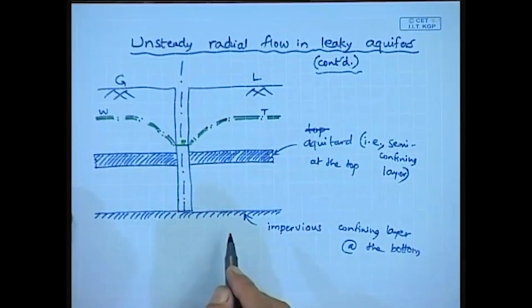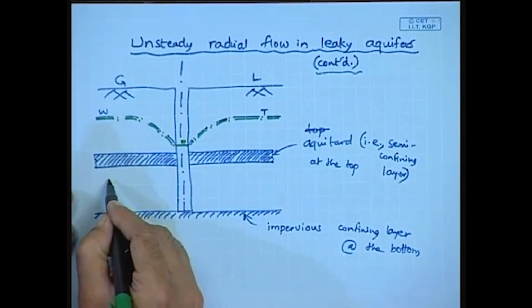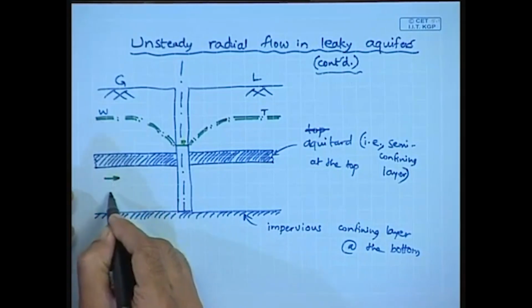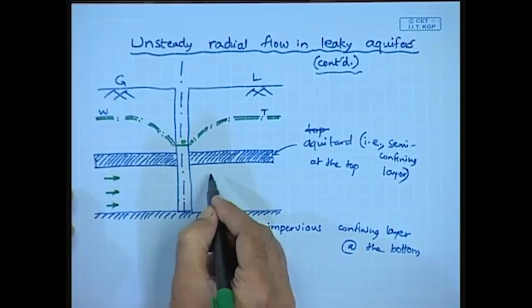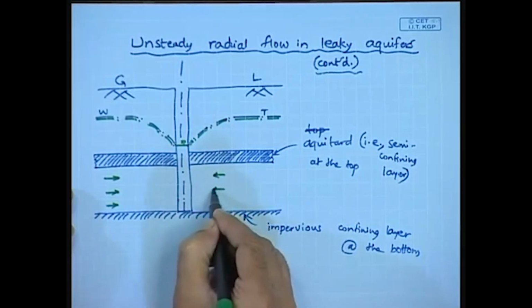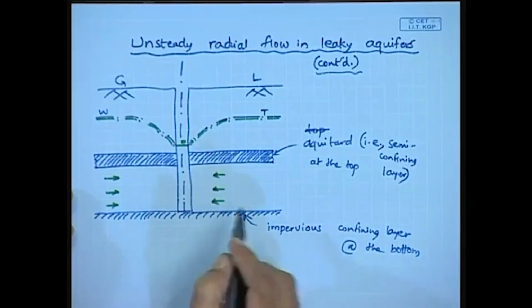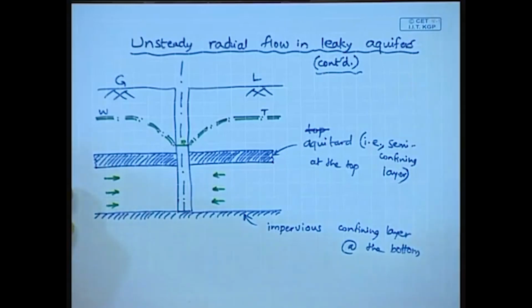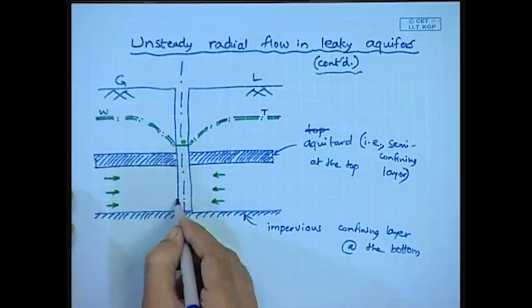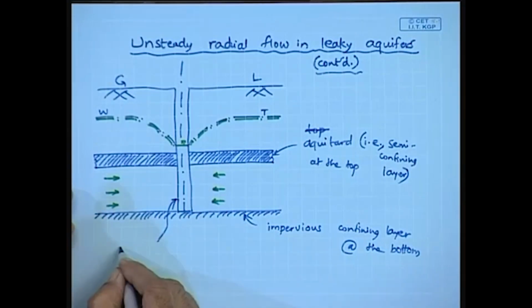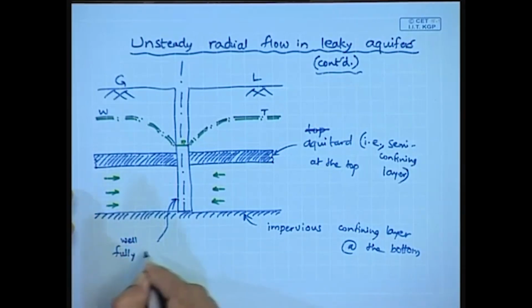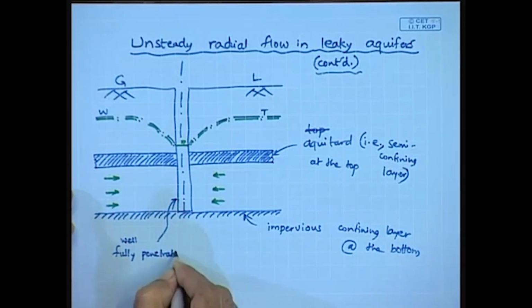So this is the water table, and there is radially inward flow into this well, which is fully penetrating into the leaky aquifer.